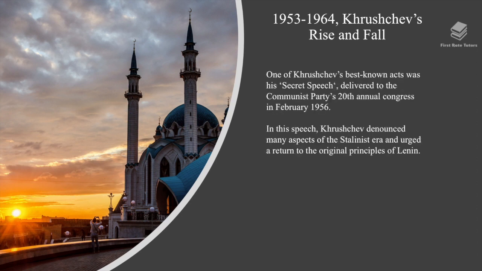One of Khrushchev's best-known acts was a secret speech delivered to the Communist Party's 20th Annual Congress in February 1956. In this speech, Khrushchev denounced many aspects of the Stalinist era and urged a return to the original principles of Lenin.